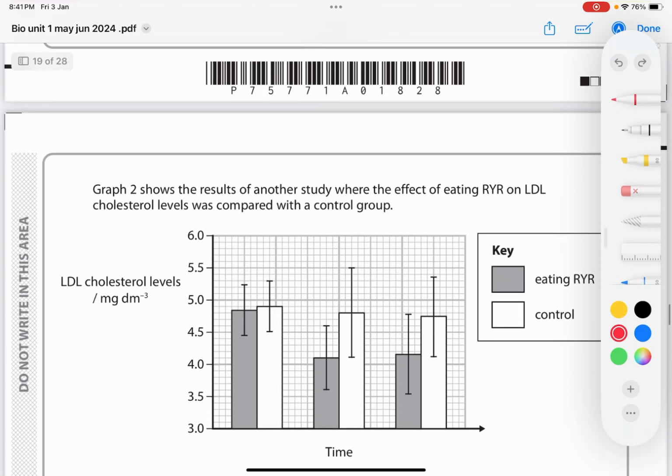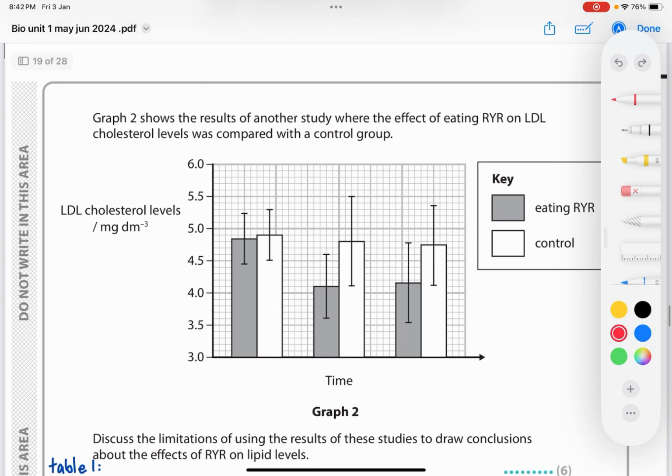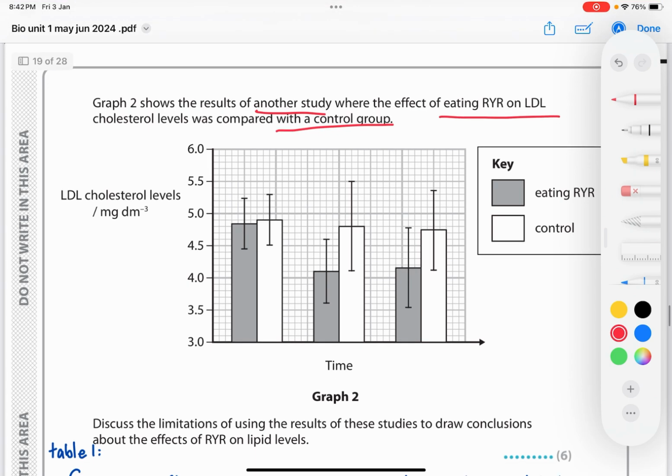Then we have another graph. So graph 2 shows the results of another study where the effect of eating RYR on LDL cholesterol levels was compared with a control group. Okay. So we have the control, we have people eating RYR. What can we notice here?